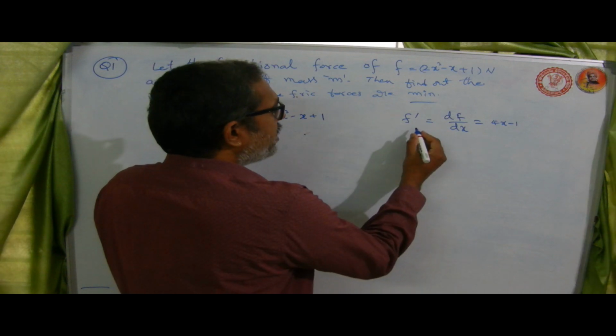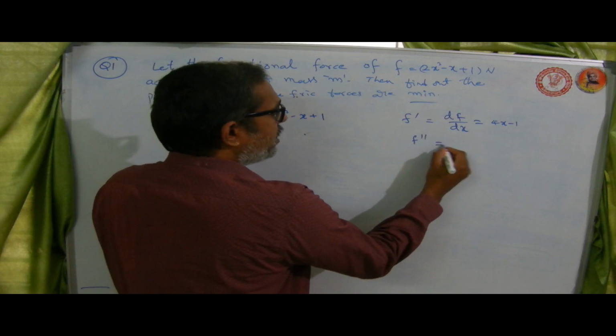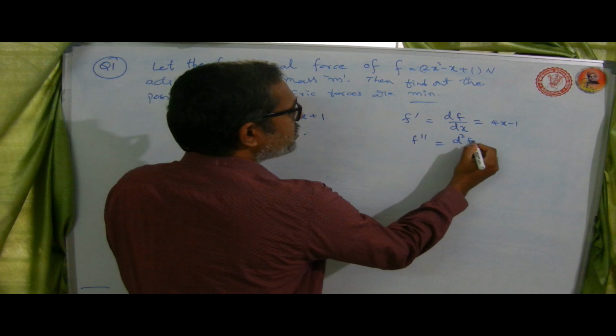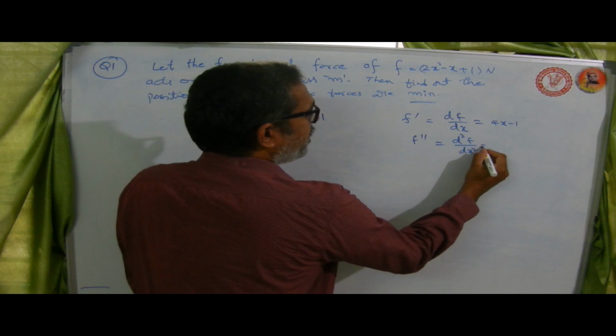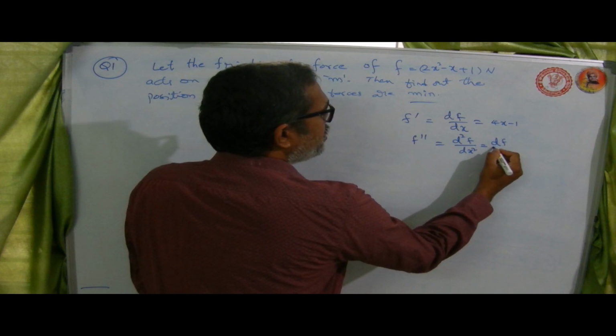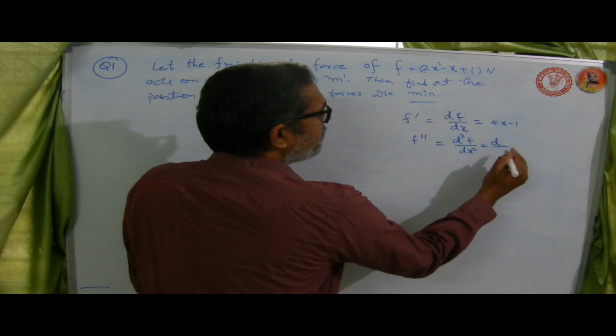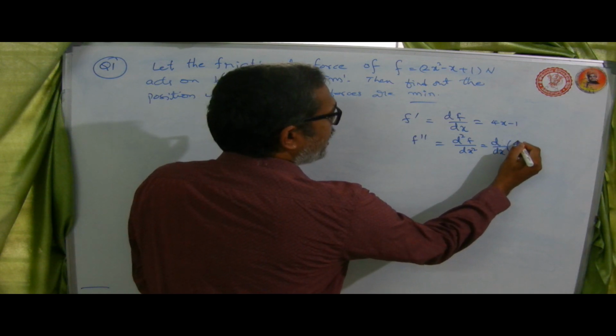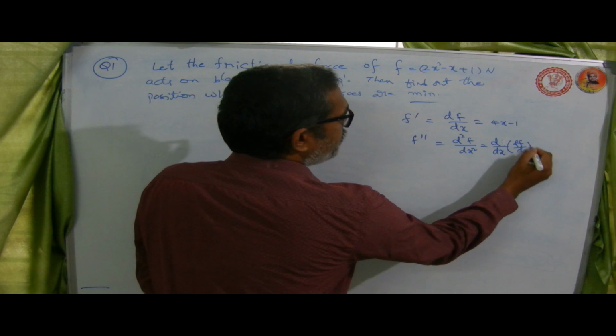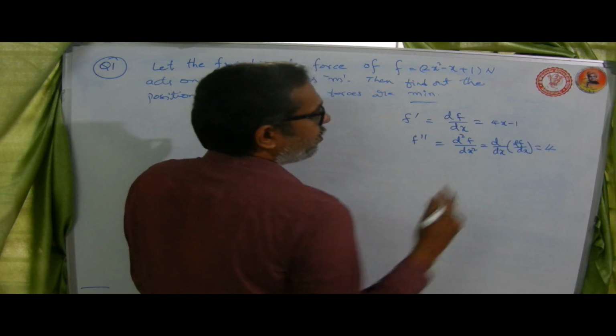Now let us do one more differentiation, F double dash. F double dash means d square f by dx square, which is d by dx of df by dx. This value will give you 4.